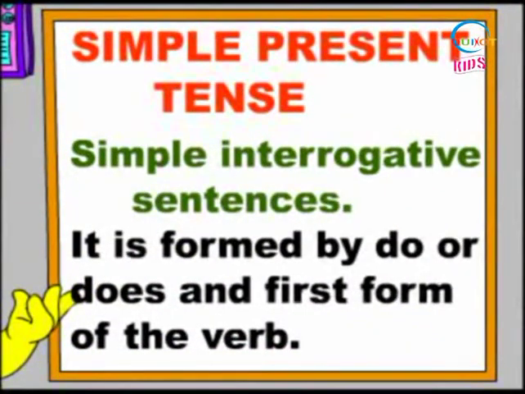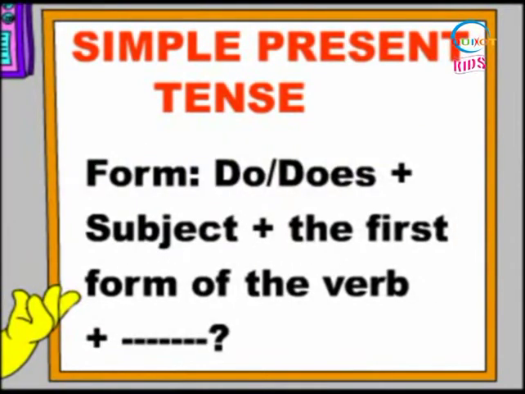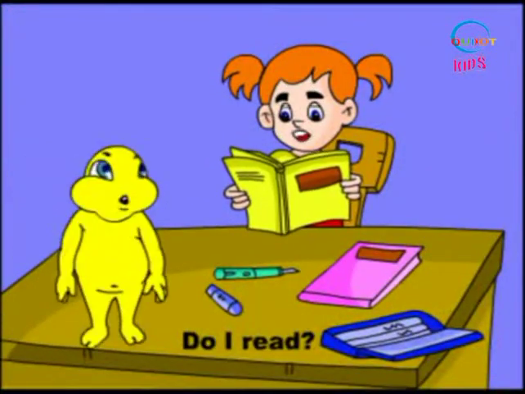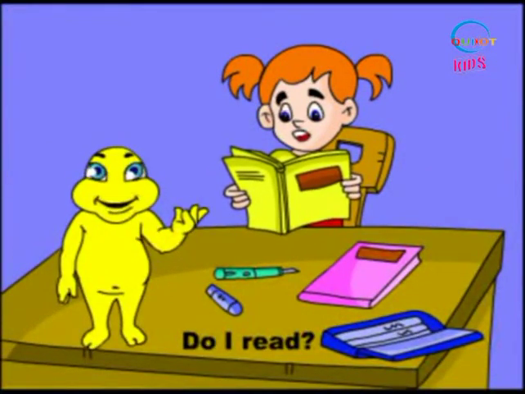2. Simple interrogative sentences. It is formed by do or does and the first form of the verb. Form: do or does plus subject plus the first form of the verb plus the activity. Examples: Do I read?